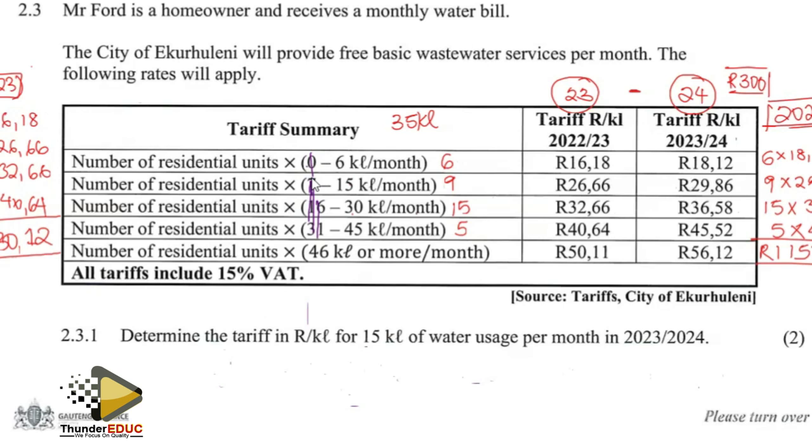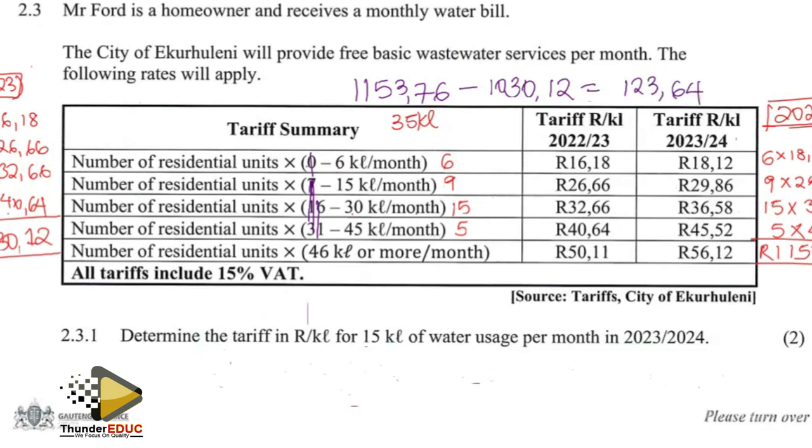When you subtract the two values, we have 1,153, the money from 2024, minus the money from 2023, and we end up having 123 rands 64 cents.